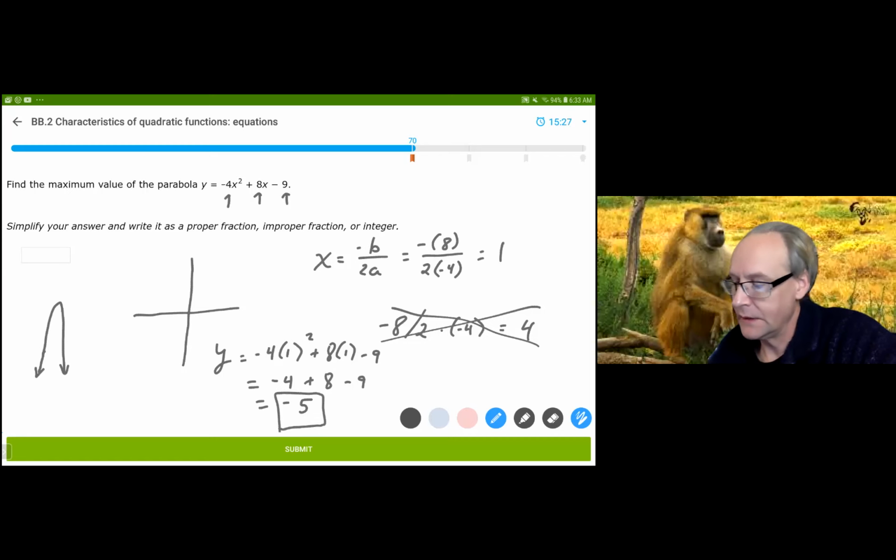So 1, -5, and it's going to go down very steeply. It's going to look something like this, and its maximum value is going to be -5 because we want the y value.